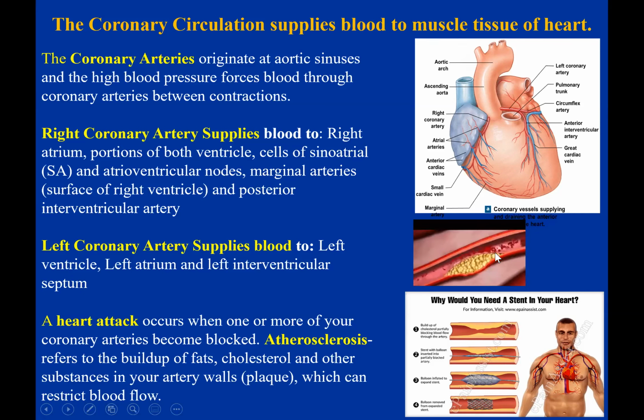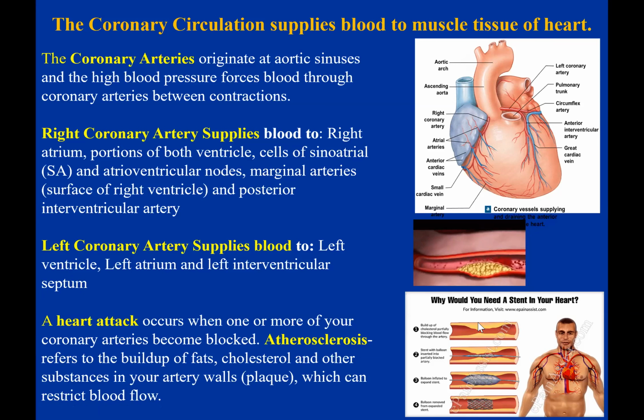When there's a blockage in any of these main arteries, the tissue will start to die off. This is when they do the bypass, like double bypass, triple bypass and all that. They put in a stent, which has a little balloon in it, and they blow up the balloon and open up the artery, thereby establishing blood supply to the heart.